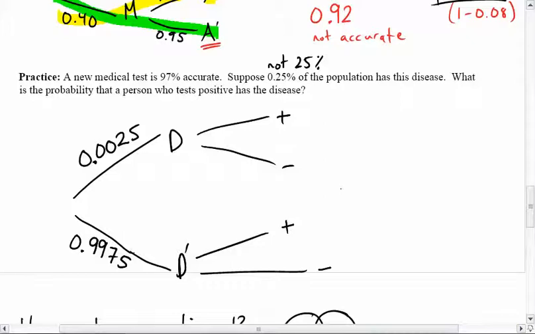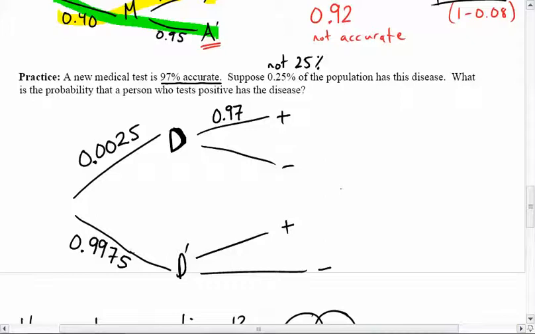And now is where it kind of messes with your mind as well. Where is the accurate? If you have the disease, should you test positive or negative? You should test positive. That means if it's accurate, you're going to be testing positive.